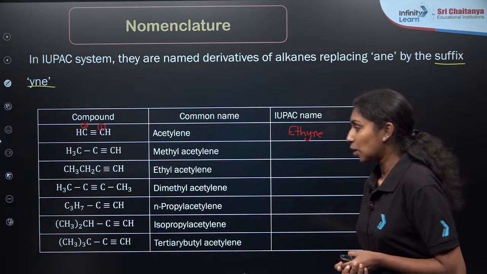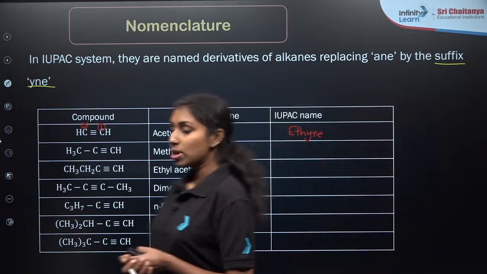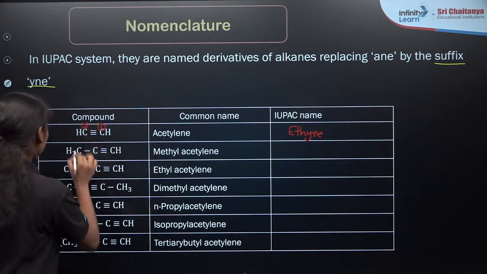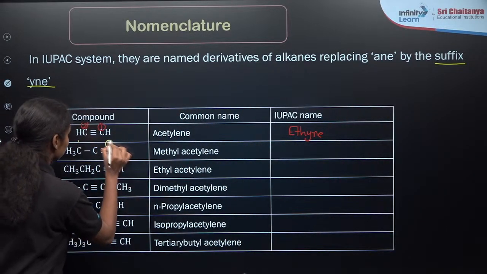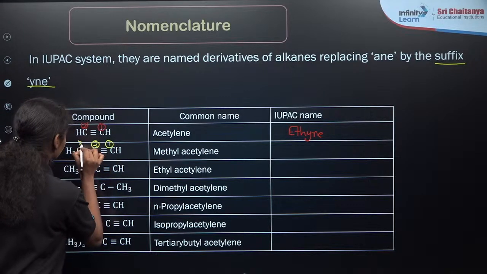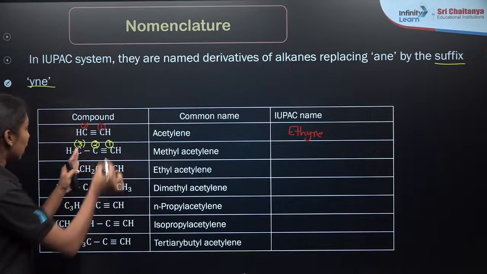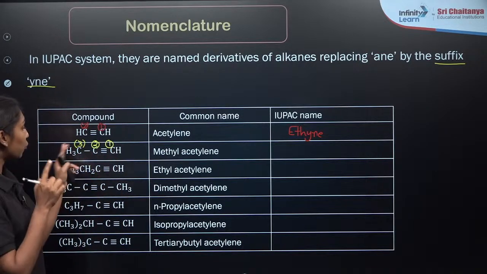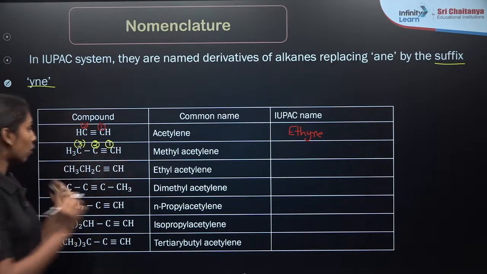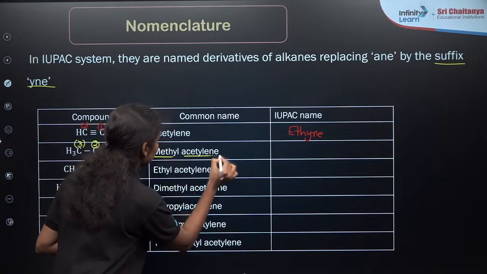The next compound is CH3-C triple bond CH. Here there are 3 carbons. Instead of one hydrogen atom of acetylene, a methyl group is substituted, so we call this methyl acetylene. This is the common name.